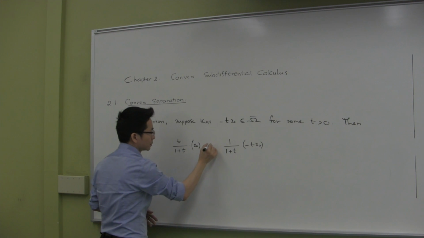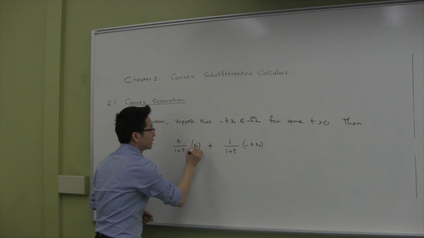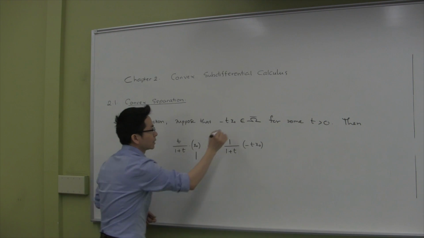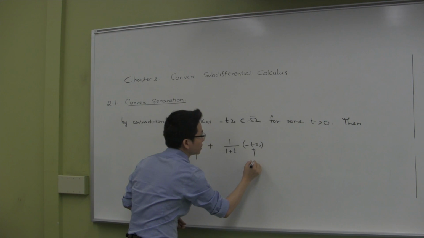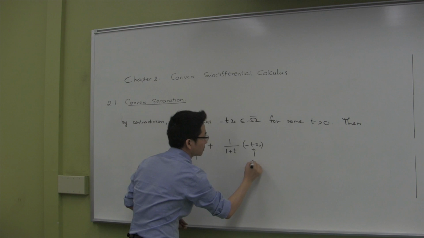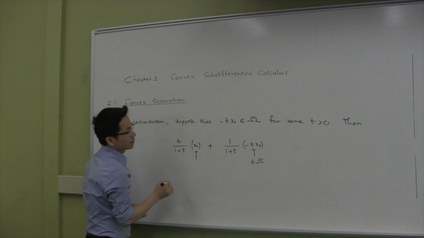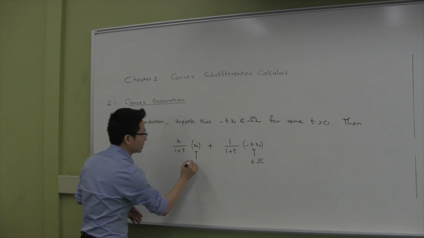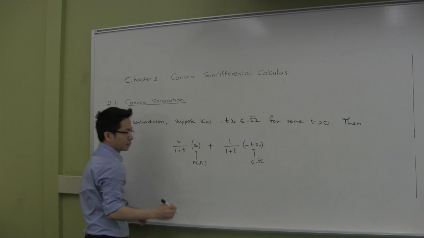Here we supposed that minus t x0 is an element of the closure of omega, and x0 is taken in the relative interior of omega.